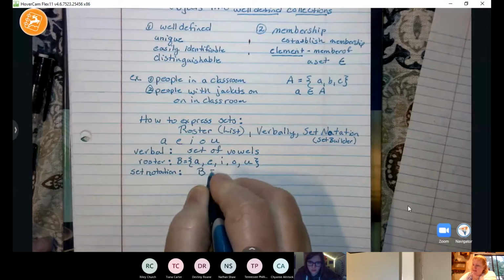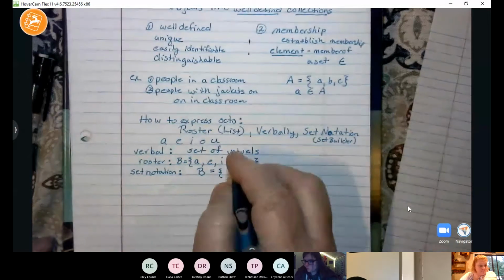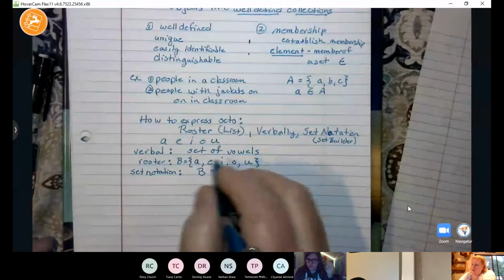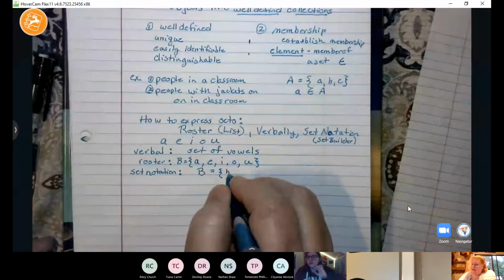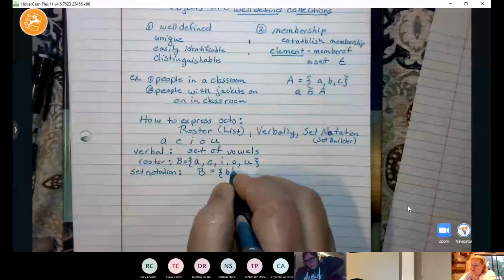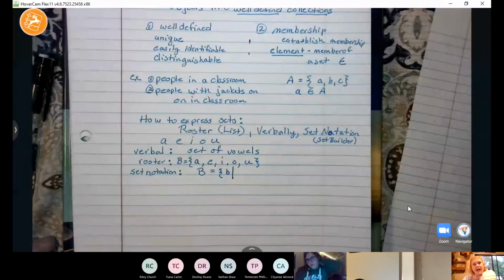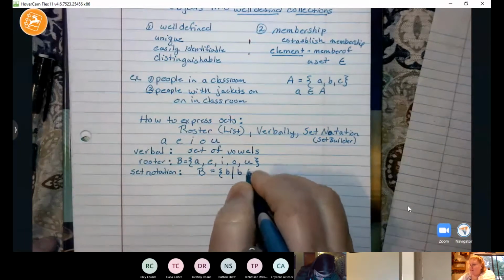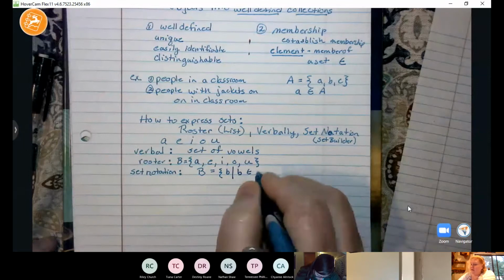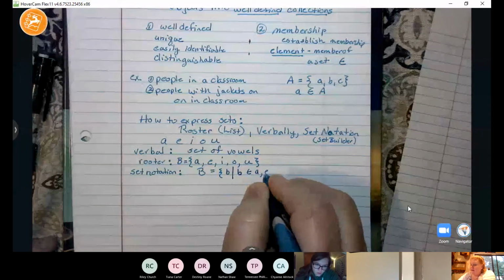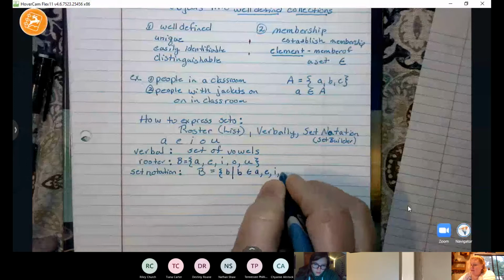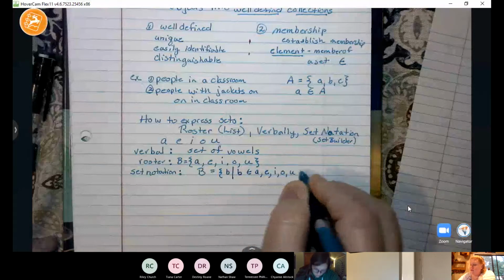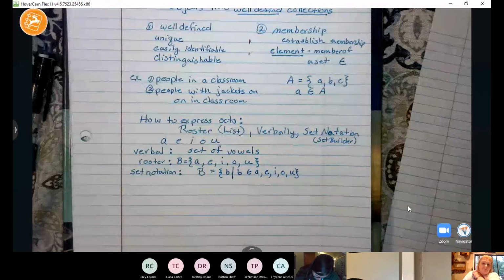The set B equals the element B, and we use this straight line, and that straight line means such that B is an element of A, E, I, O, and U. So that's one way.